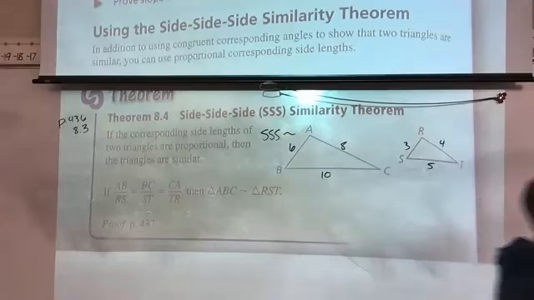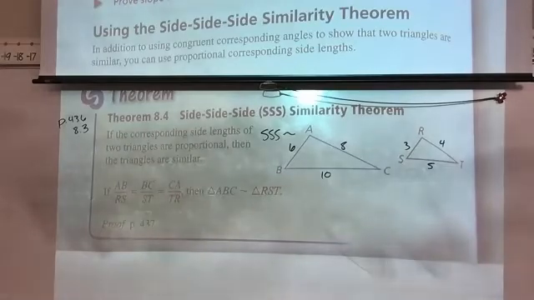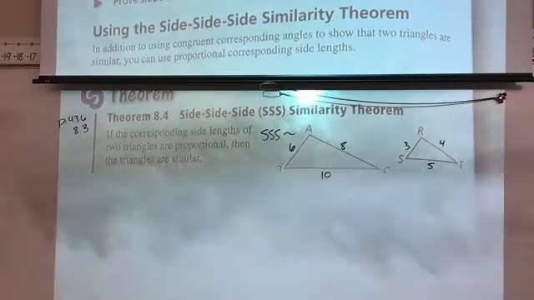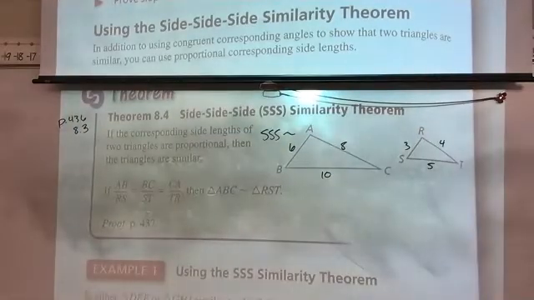So you're taking those corresponding sides, making a fraction out of it, seeing if all three of those fractions simplify down to the same thing. Or if you don't want to simplify it, then divide it. Do they all divide down to the same decimal or the same fraction? As long as all three show you the same thing, then we're good.